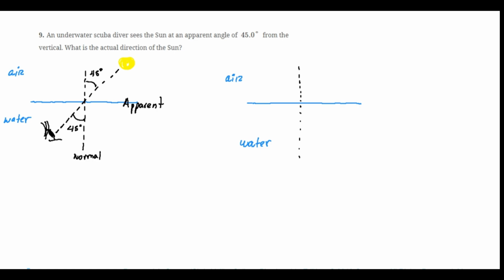So if the scuba diver sees the sun at 45 degrees here, it's because really the sun is at a higher angle.